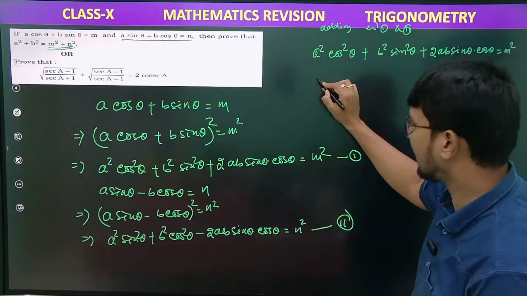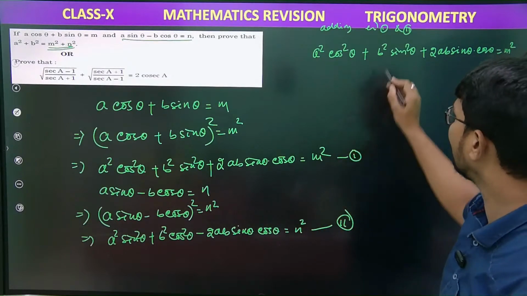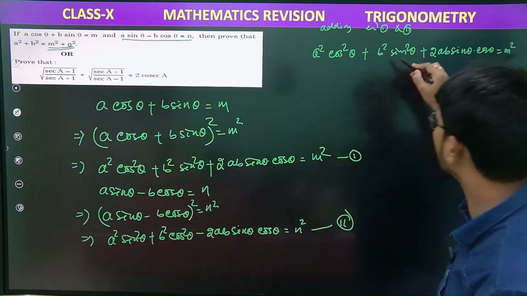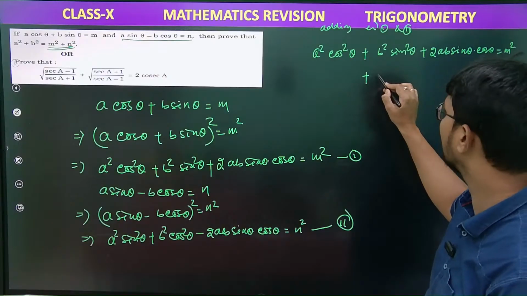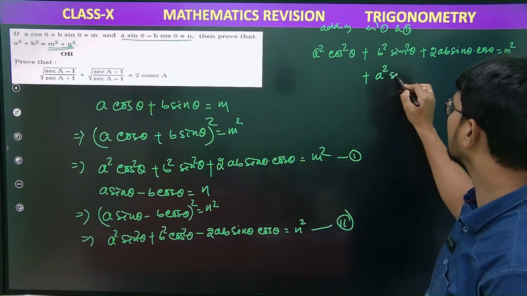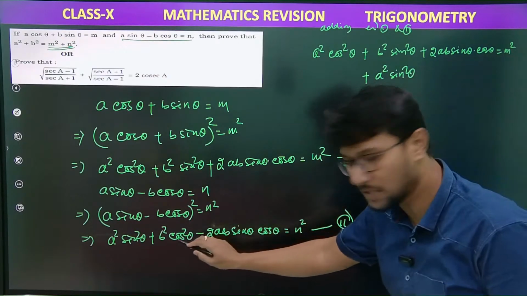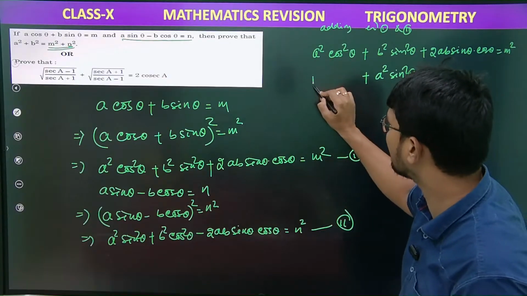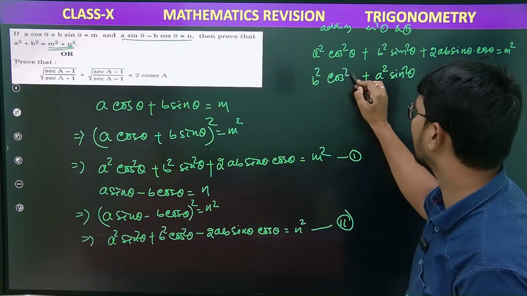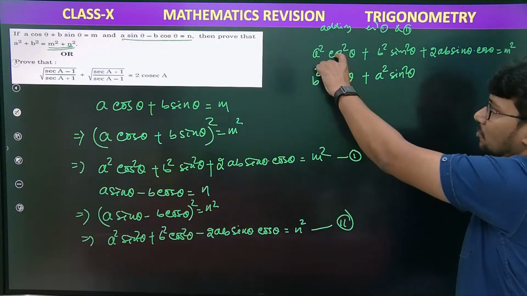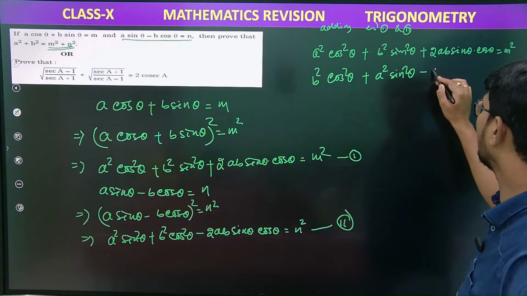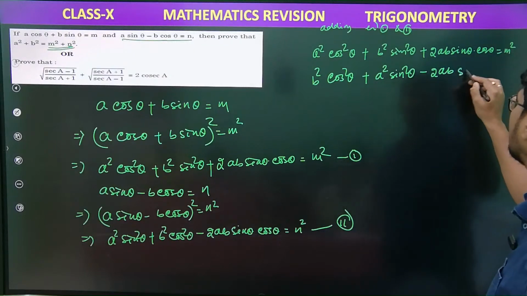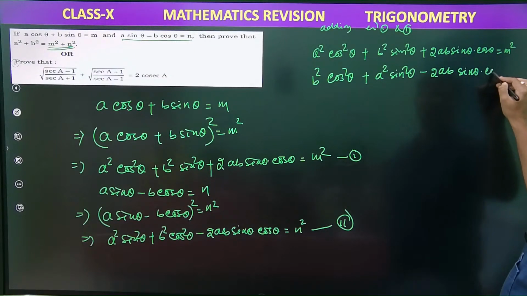Similarly, the second equation: I am writing A square sin square theta just below the sin square, and B square cos square theta below the B square sin square theta, because while adding we can take cos square theta common, minus 2AB sin theta into cos theta equals N square.